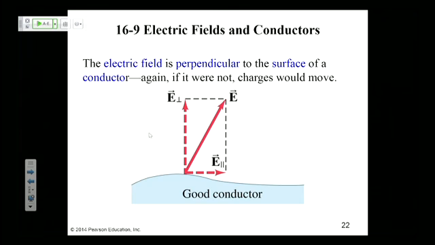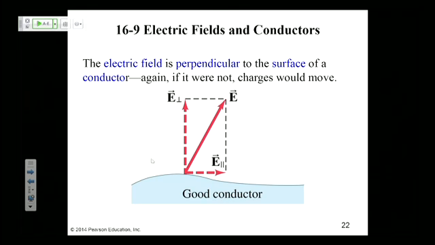How about the surface? Suppose you have a good conductor, as you see in this graph, and there are charges at the surface. So the question is, what would be the direction of the electric field due to these charges? We start by assuming that the electric field could be at any direction, okay?